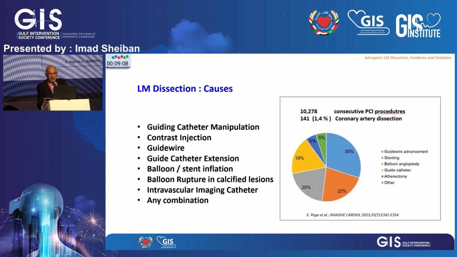And as you can see, the guide wire advancement as well as stenting and balloon angioplasty are the major causes of dissection, as have been reported recently by this study over 5 years on more than 10,000 procedures.